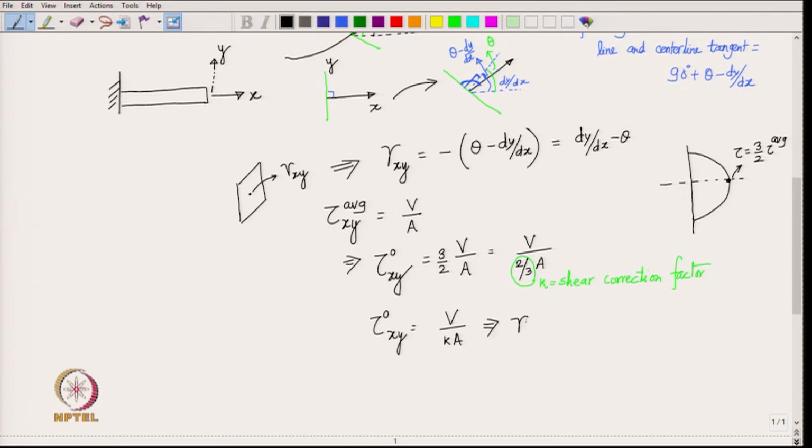So, what would be gamma x y at the center? That is simply V by K G A, is it not. Shear stress is equal to G times shear strain. So, we have to divide by G to get shear strain, but this is also equal to, which we just figured out, dy by dx minus theta, correct. So, this number here comes from over here.